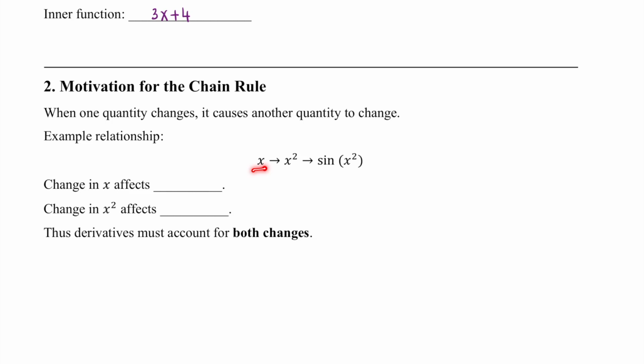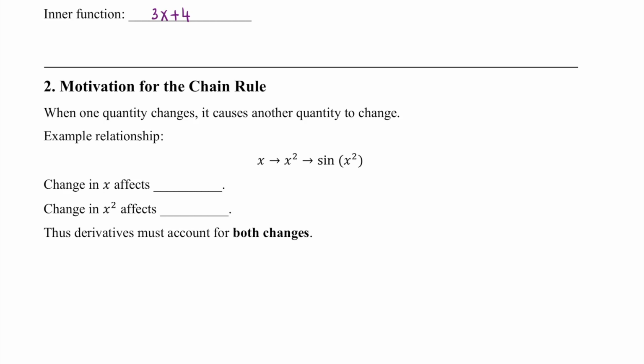When x changes, x squared changes. Then when x squared changes, the value of sine of x squared also changes. So the changes happen in a sequence, like a chain. That is actually where the name chain rule comes from.